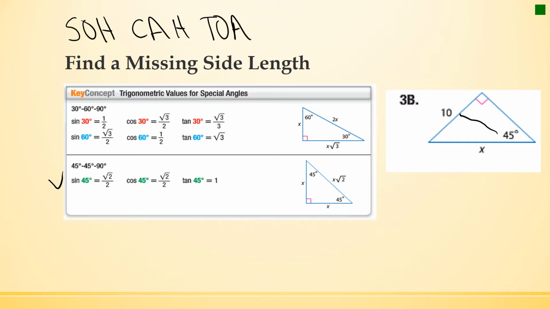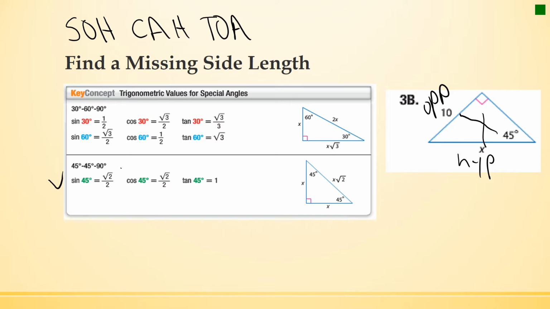I'm asked to find x, and this side for x is opposite the right angle. So that's the hypotenuse, and this is the opposite. So it looks like I want to use the sine of 45 degrees to solve for x.